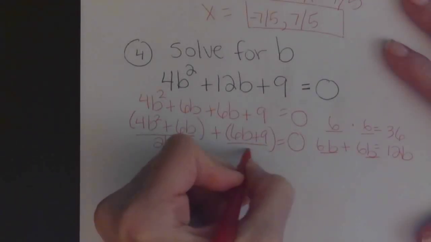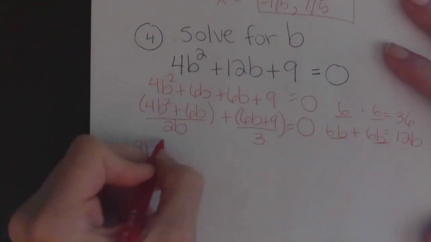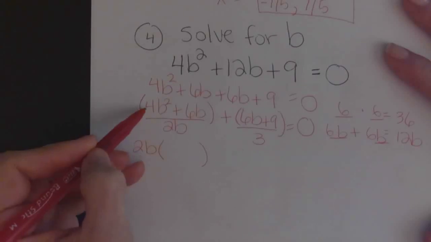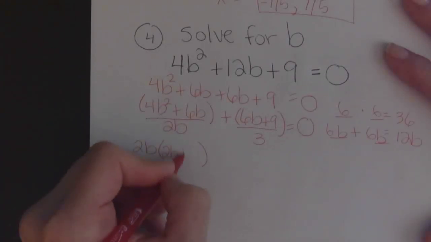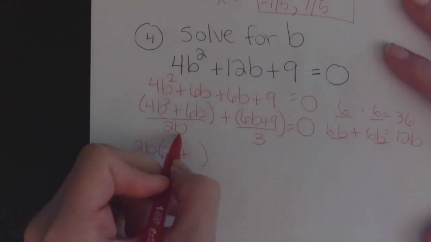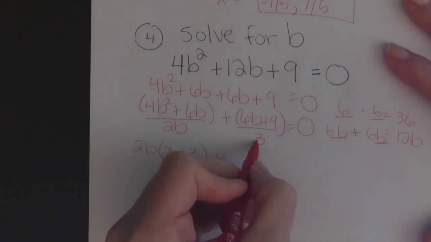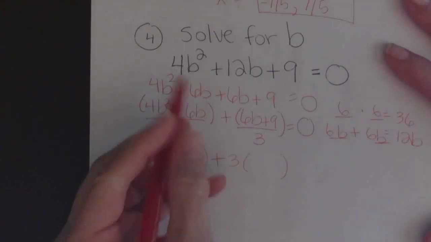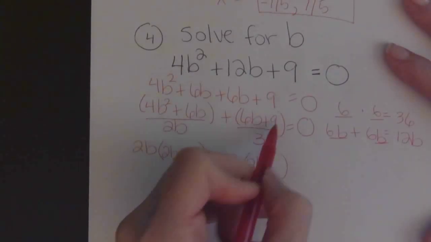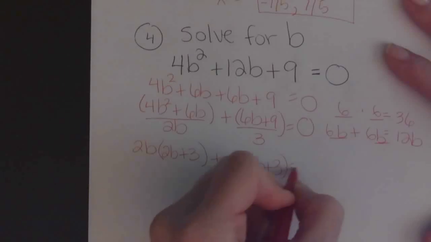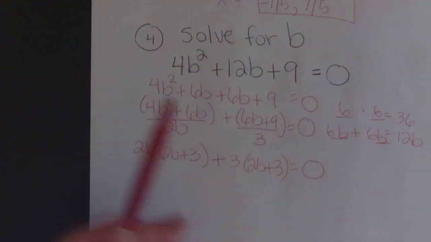GCF it. Okay, this is going to be 2b. This is going to be 3. So for this guy, 2b front. Leftovers: 4b squared divided by 2b is 2b, plus 6b divided by 2b is 3. 3 to the front, 6b divided by 3 is 2b, 9 divided by 3 is 3.